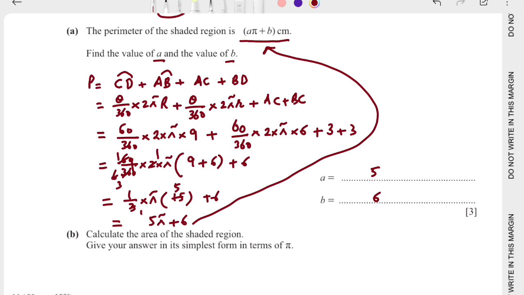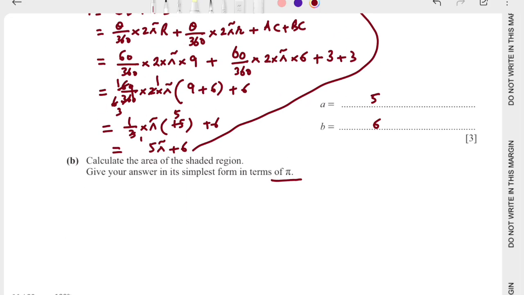Now calculate the area of the shaded region. Give your answer in its simplest form in terms of pi. Now things are very clear, and we have to find out the area, so we'll subtract both areas.